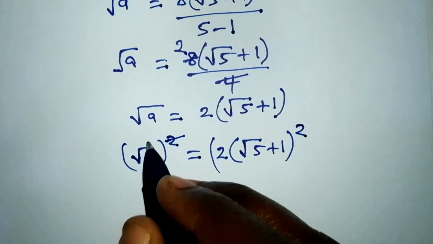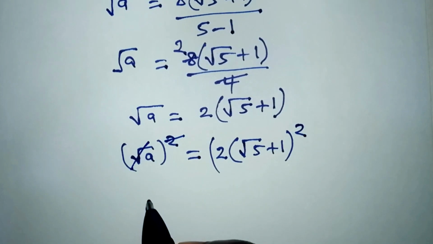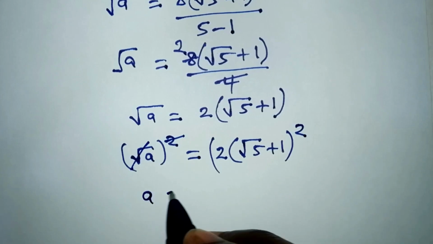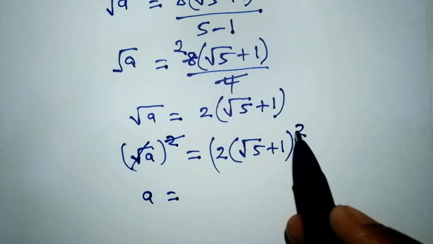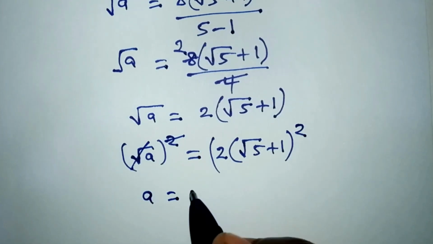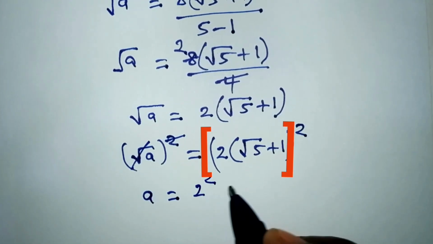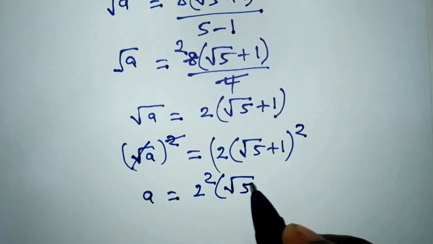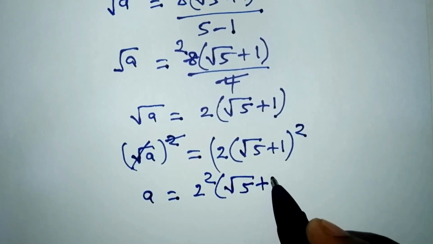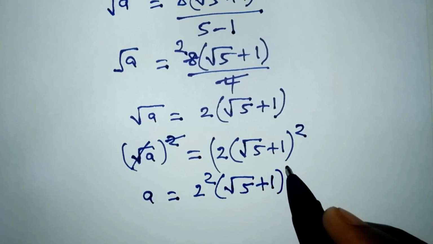Two will cancel square root sign here, giving us a equals 2 squared bracket square root of 5 plus 1 squared.